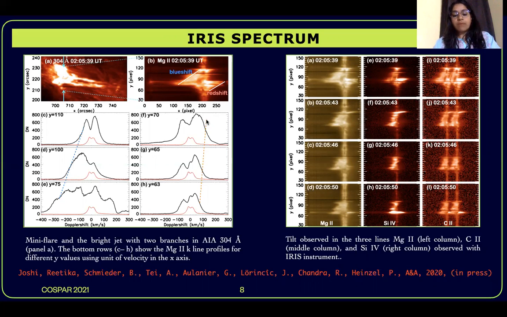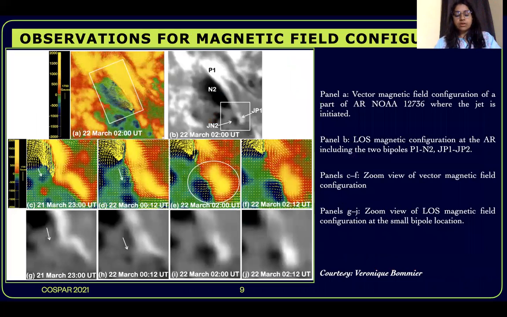We also did a more detailed IRIS spectral analysis, which is also published in this paper recently. To understand well the flux rope formation and the twist transfer connection, we did the vector magnetic field analysis of the solar jet active region.